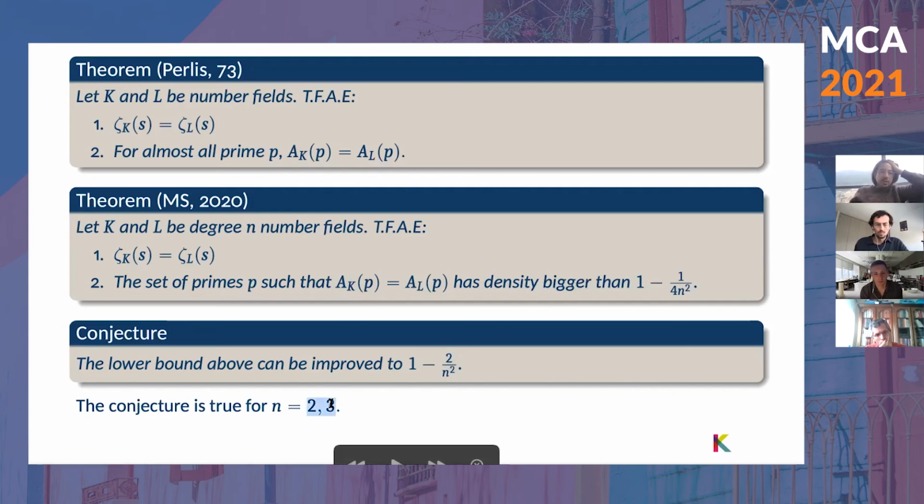I can prove it for degrees 2 and 3, where the conjecture is true, and by computational evidence for degree 4, I think it is also true for 4, modulo some laziness on my part, that you have to just check certain Galois groups of degree 4. So that's one way of improvement. And again, this also goes through the path of Galois representations and the analogous statement with counting points on elliptic curves, and that's a nice result.